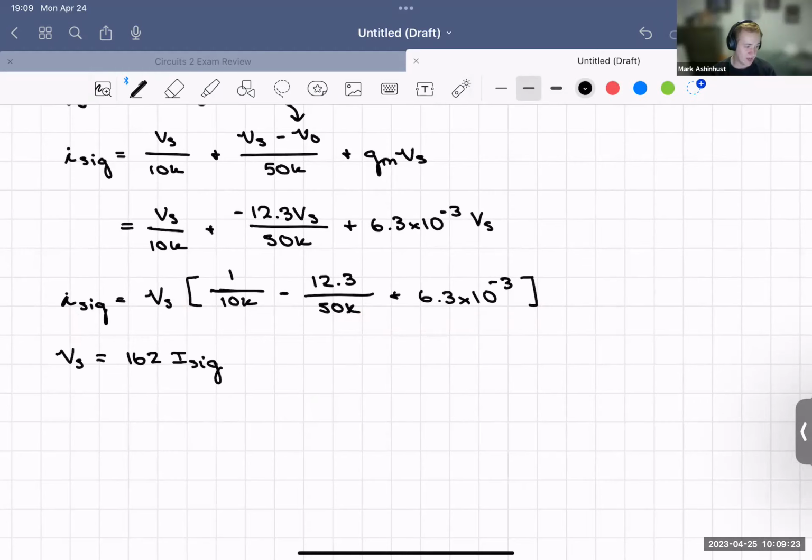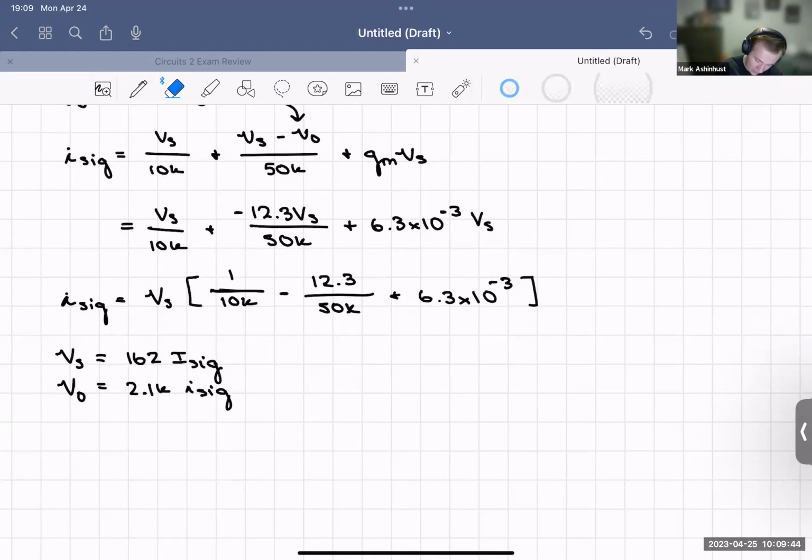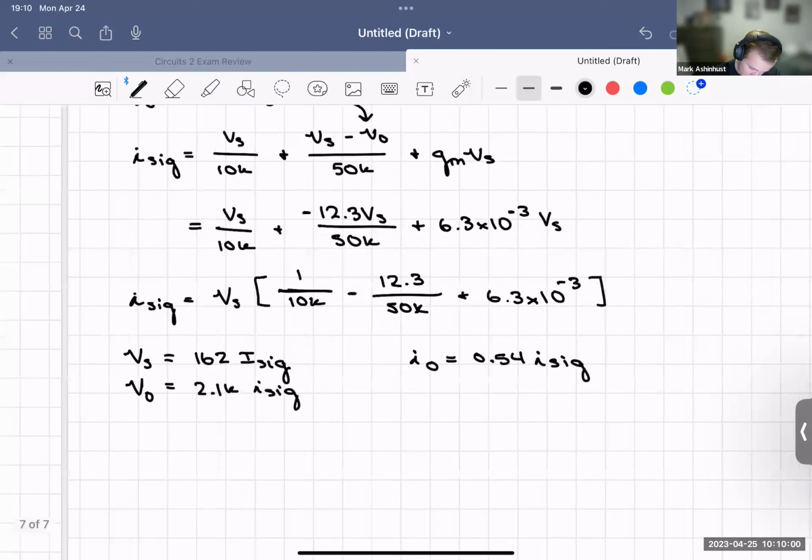And then we have V out in terms of that, which we already solved for, is 2.1K times I sig. So I out is equal to 0.54 times I sig. And we'll see that here. I'll back up for a second.